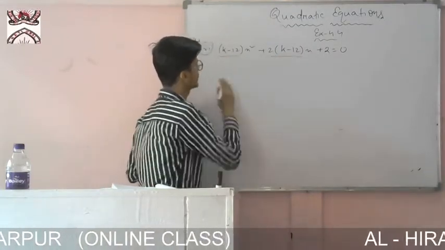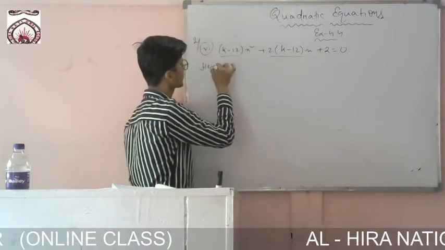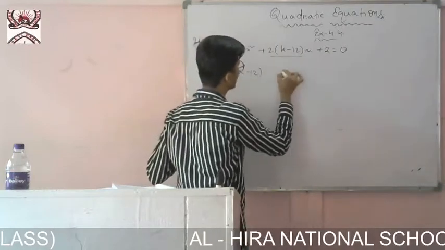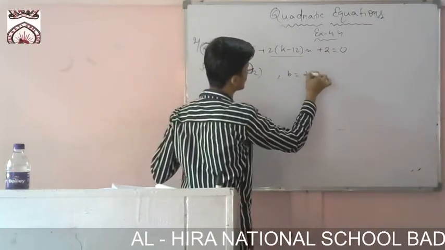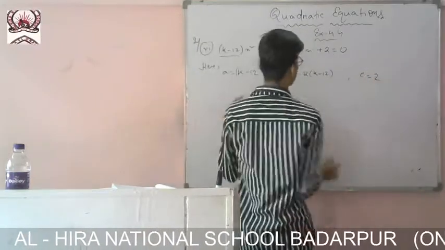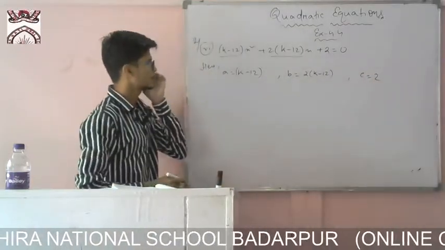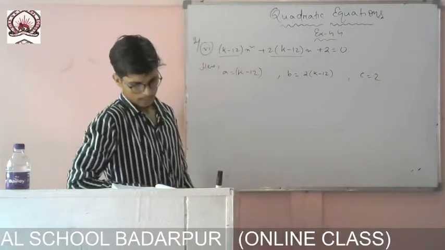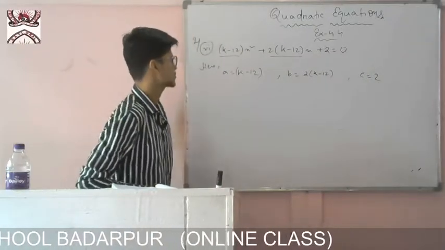I can write it. So here, a is equals to k minus 12. b will be equals to 2 into (k minus 12), and c it is 2. So a is equals to k minus 12, b is equals to 2(k minus 12), and c is equals to 2.